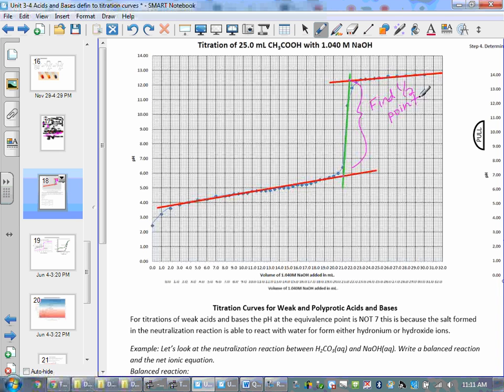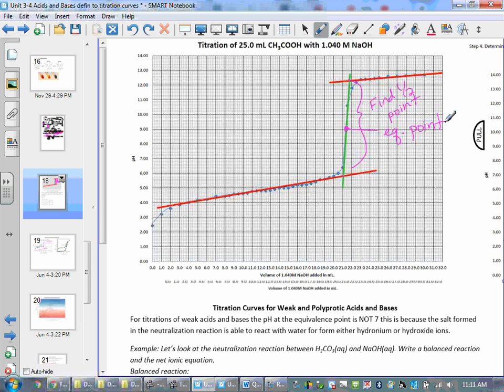The middle of the green line. No, what's it called in general? Not where is it specifically? Oh, the equivalence point. So that halfway point, I'm just going to put a guesstimate up here, is our equivalence point.